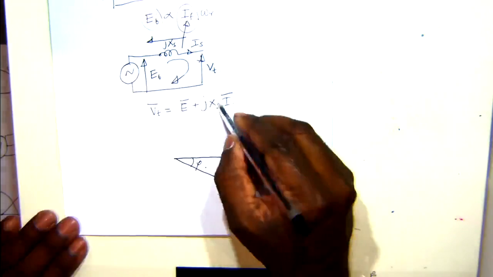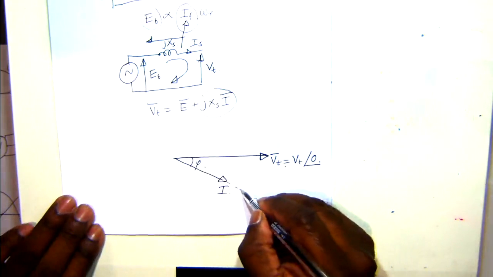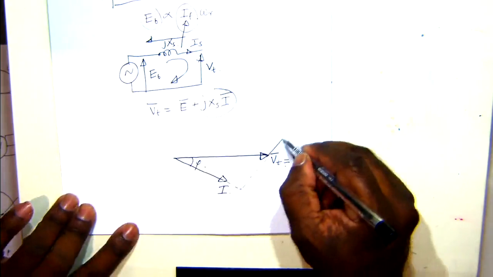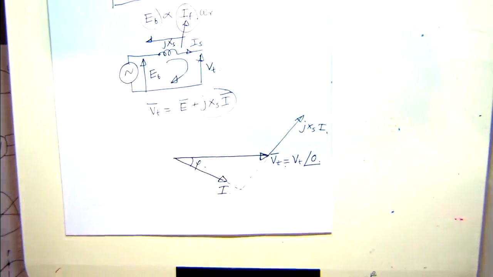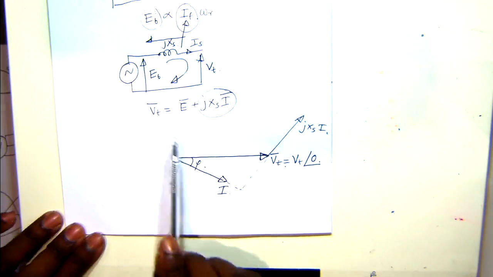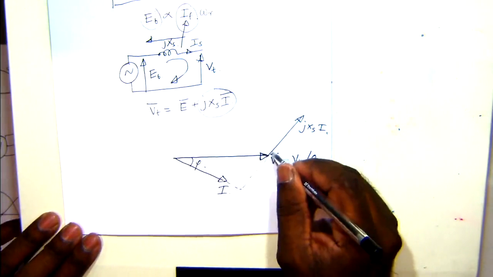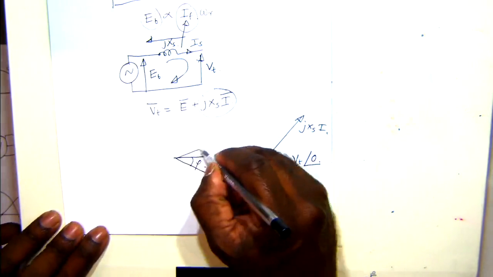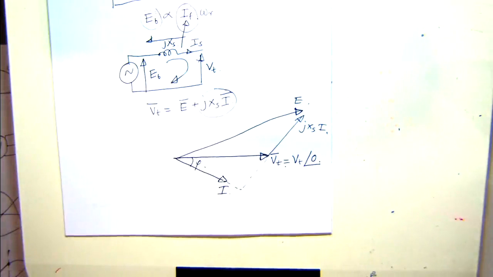Then you can draw this component that's perpendicular to it, so that's jXsIa, the voltage drop across the synchronous reactance. So the terminal voltage is Vt, and E is going to be this phasor.